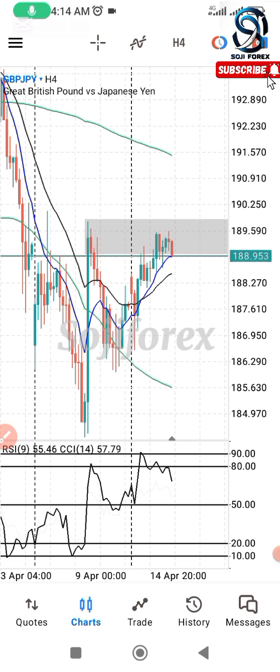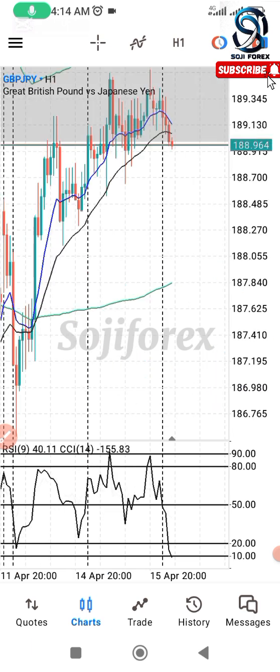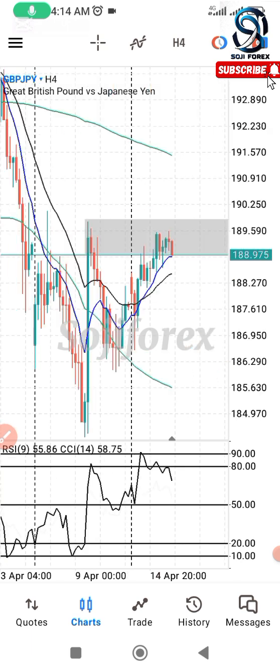So now we will move to a 1 hour time frame. Based on this 1 hour time frame, we want to find our sell entry, because from our H4, price is in a downtrend and price has pulled back to our zone of order block, our zone of resistance, as the case may be.